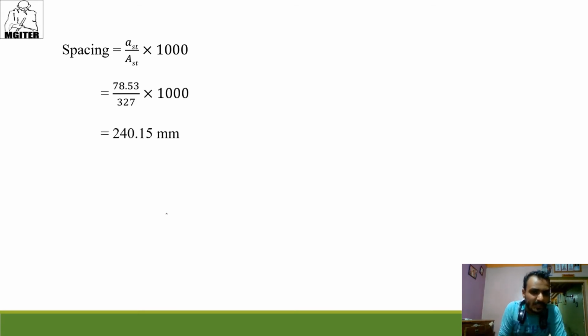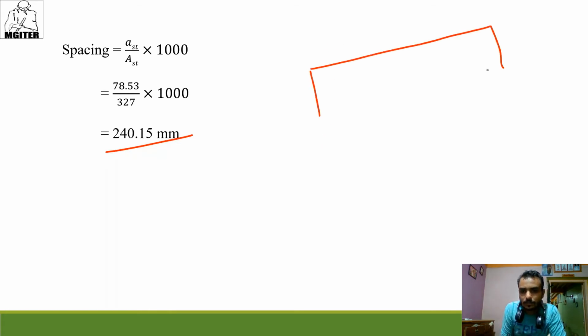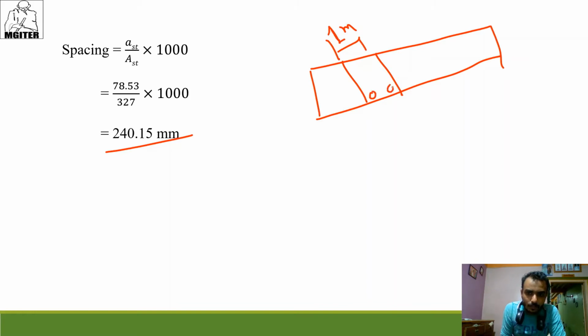So we found the spacing is 240.50 mm. So how did this happen? Look here. Here is the slab cross section. We design a 1 meter strip. This is the 1 meter strip. We found a spacing of 240.50 mm.